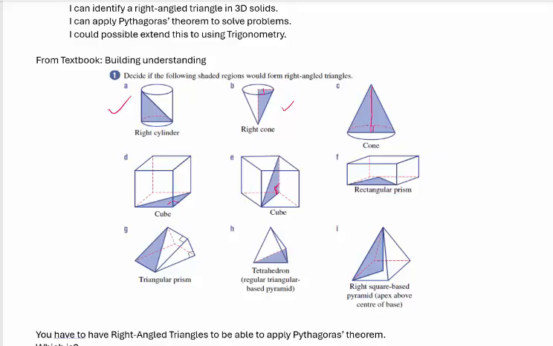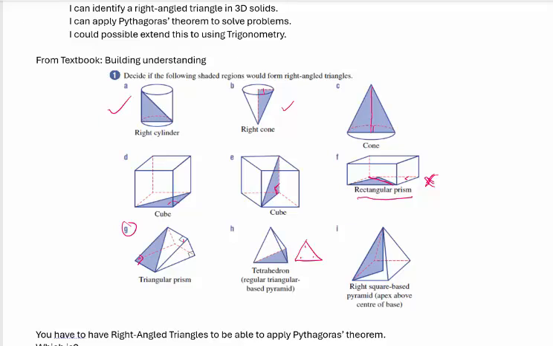Now if this went to a corner in a rectangular prism, we could say it is, but we can't for where it is on this diagram, this rectangular prism. We can't make that a right angle, so that one's a no. With a triangular prism, we can say yes, that is. See how there's a right angle in that corner? Then there's going to be a right angle in that corner. This tetrahedron, we can't, because if I draw the triangle, it would go like that.